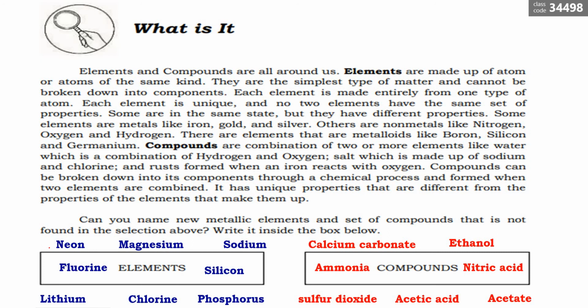So it's very clear that elements and compounds in this slide was discussed with you. And there are so many examples which are not in the given poem that we can find everywhere around us as elements and compounds. Let's move on.